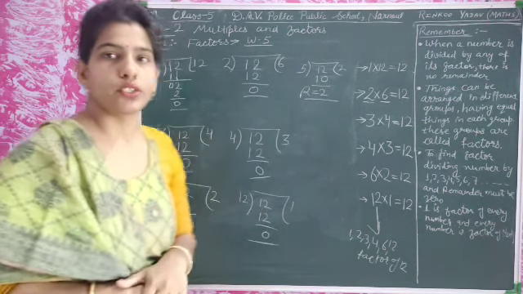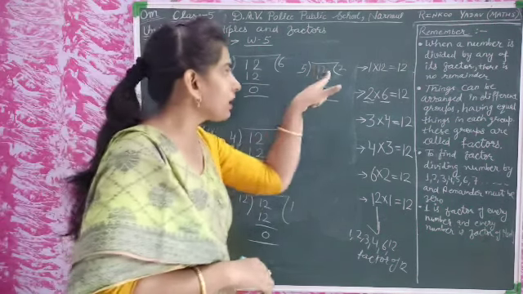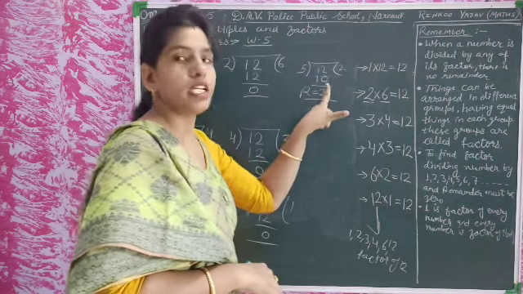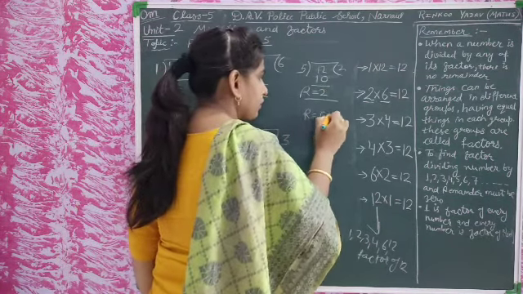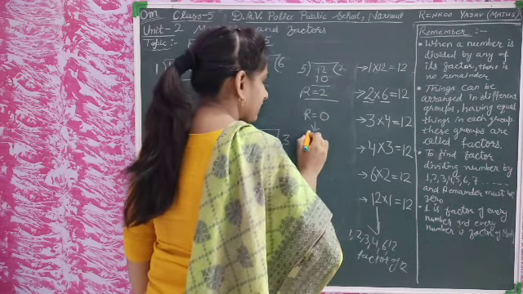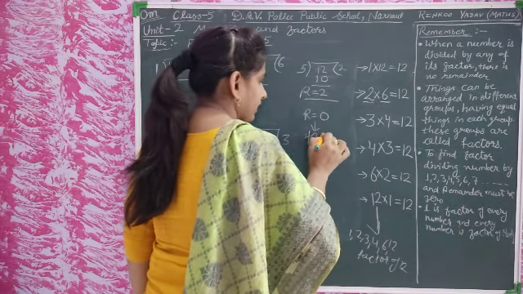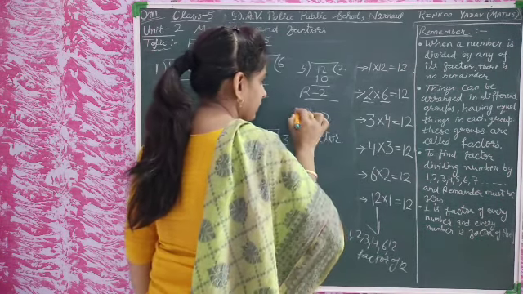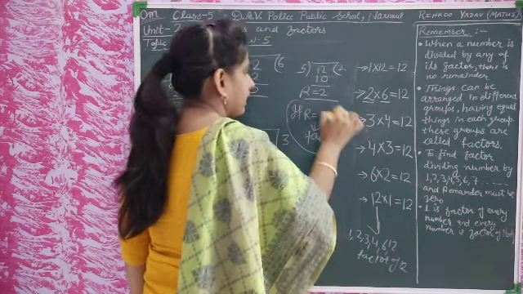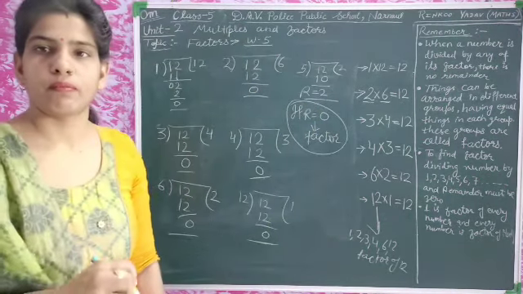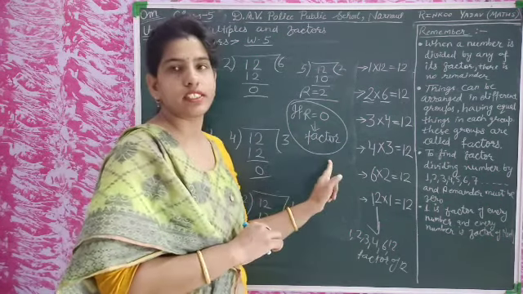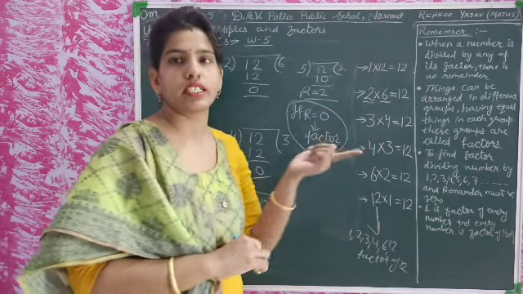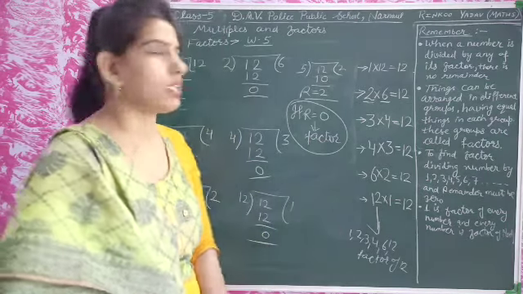So students, you can check every number by dividing that number. If the remainder is 0, then we say that this is the factor. Is it clear, students? Only if this condition is satisfied can you say that the number is a factor of that number.